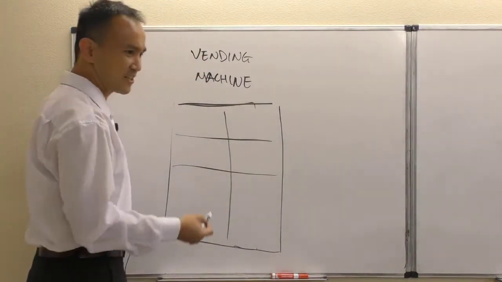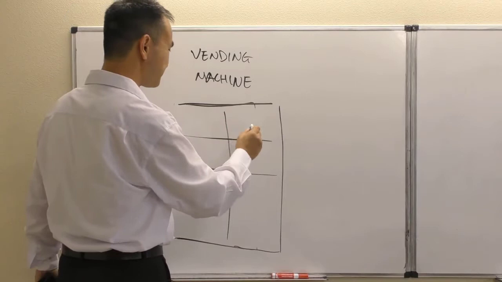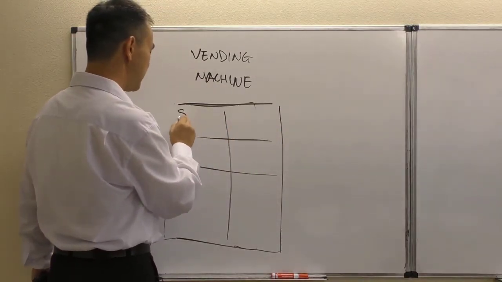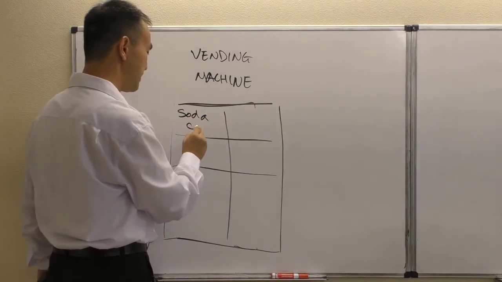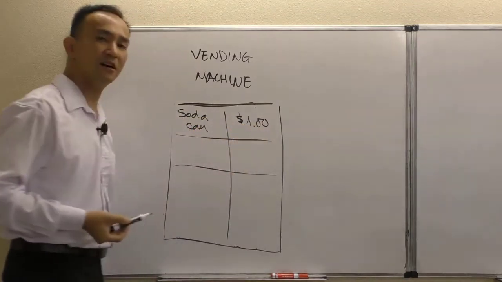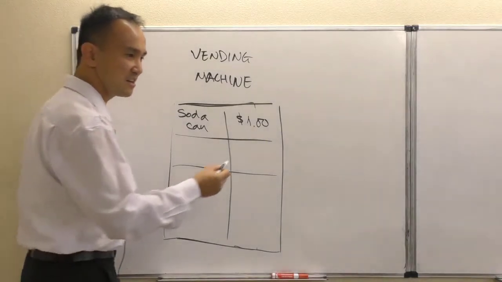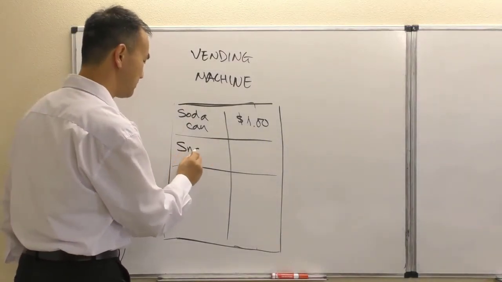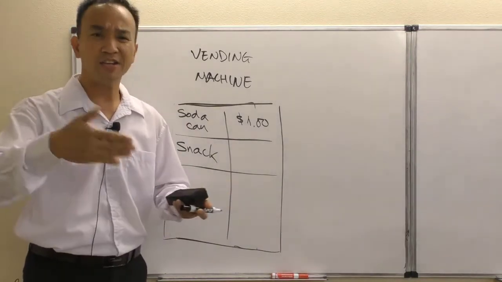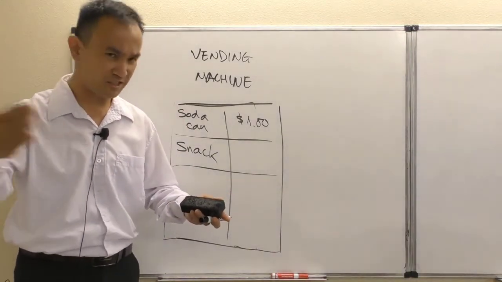How about the vending machine says you can get a soda can for $1. You can get a snack. Let's say this is a very limited vending machine, so it's not going to have different kinds of snacks, just one snack.